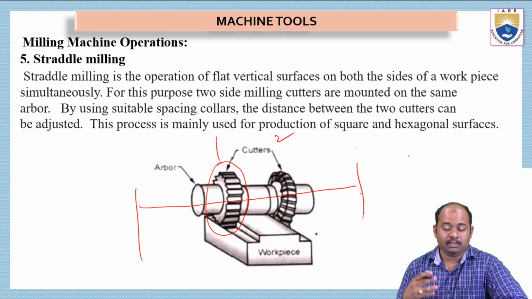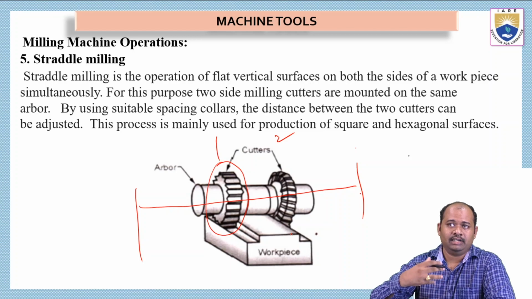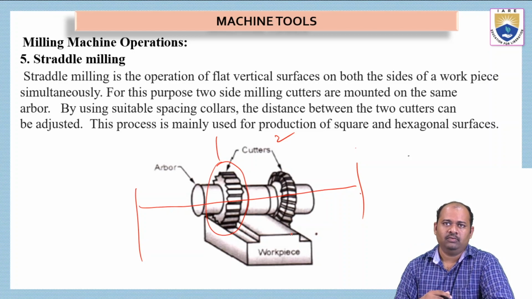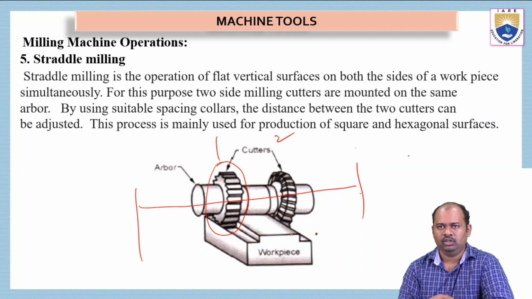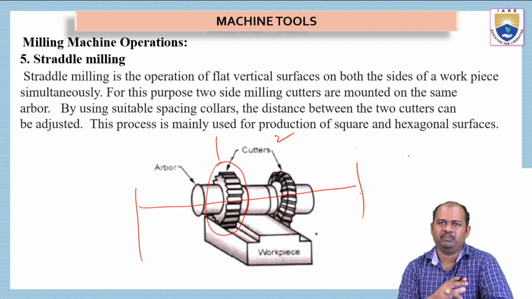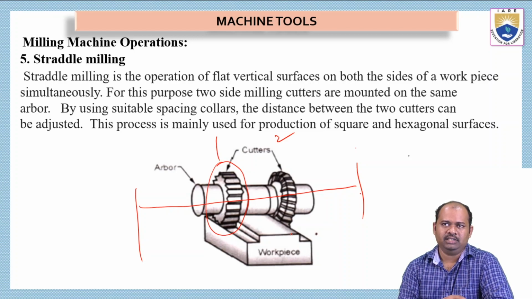Straddle milling is the process where we can cut two sides of the workpiece simultaneously. For this purpose, two side milling cutters are mounted on the same arbor. So the same arbor will carry the two cutters. By using suitable spacing collars, the distance between the two cutters can be adjusted.